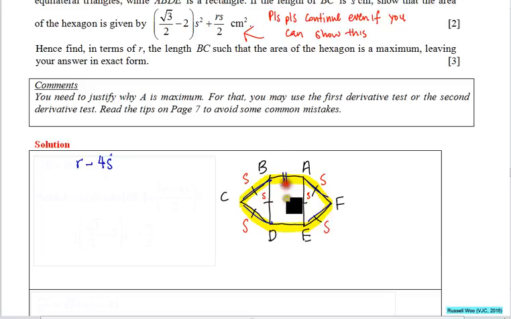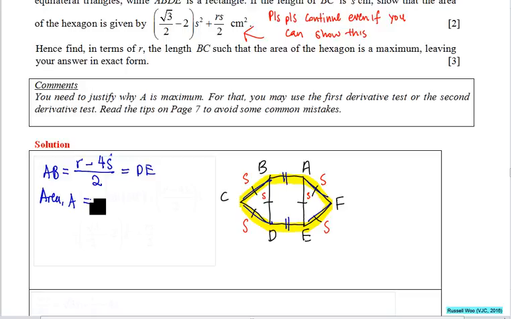Then you are only left with AB and BE, which are the same, divide by 2. This is AB. Make sense? This is also DE. Alright?